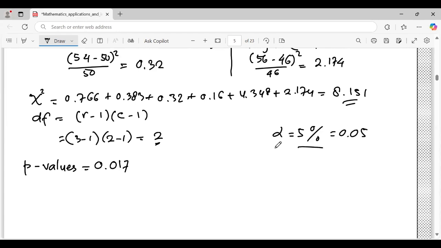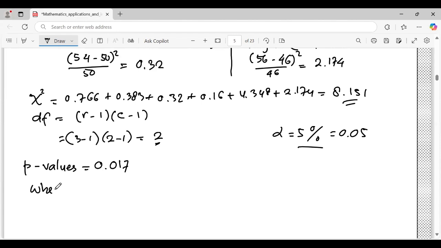At the 5% significance level, we compare the p-value to alpha. When the p-value 0.017 is less than 0.05, it means we reject the null hypothesis.